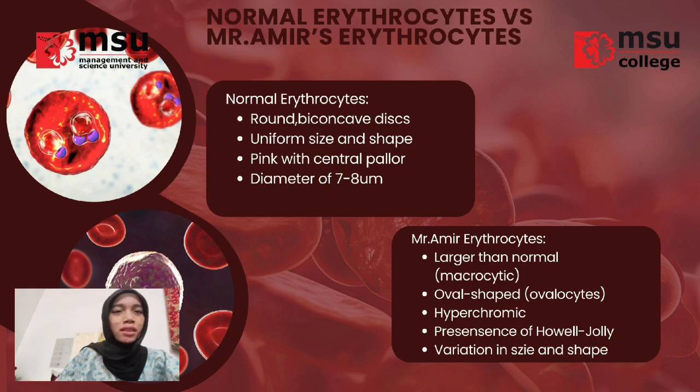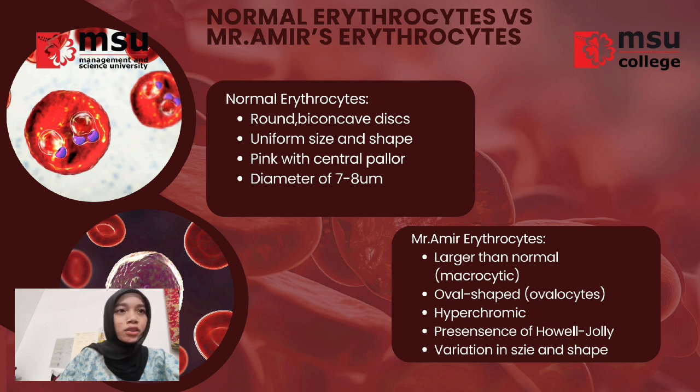We examined the peripheral blood smear to look closely at the cell morphology. Normally, erythrocytes are uniform, round, biconcave discs, measuring about 7 to 8 micrometers, staining with a clear central halo. However, Mr. Amir's red blood cells tell a different story.